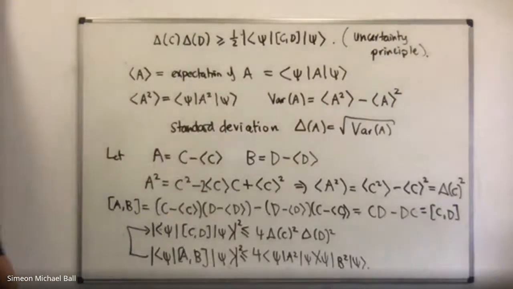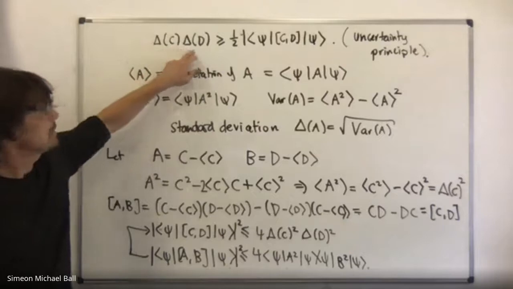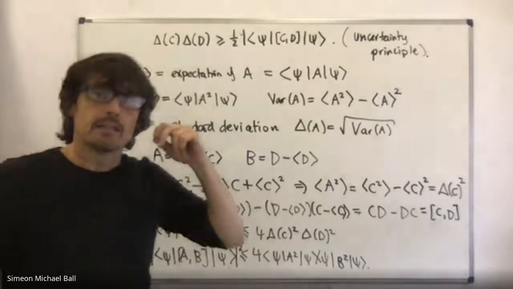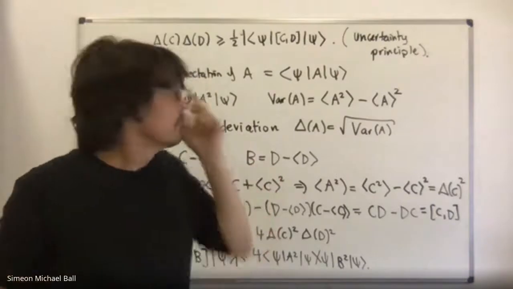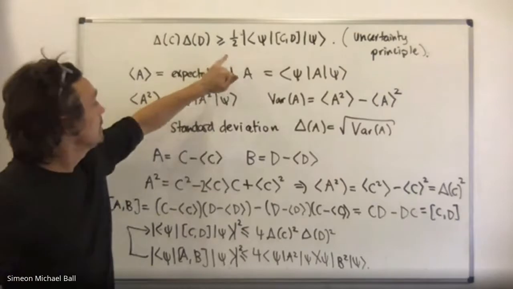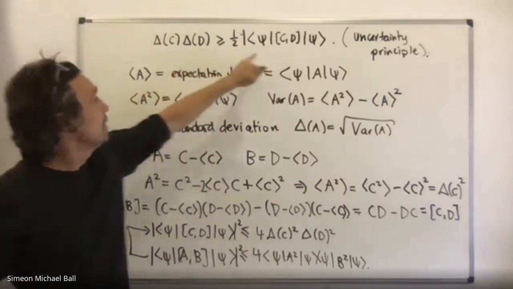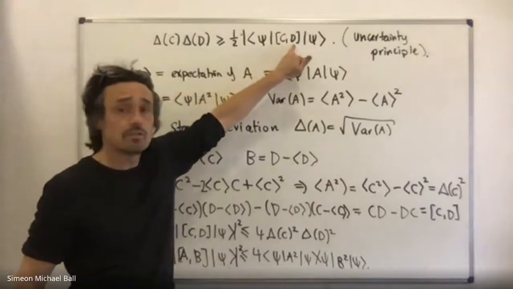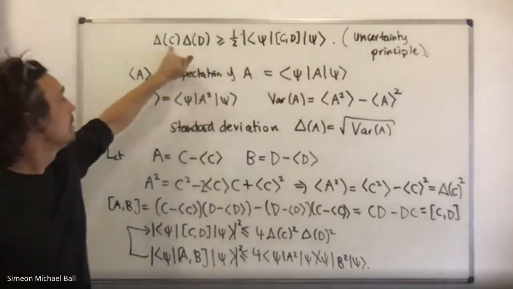So what it says, and the reason it's important, is I can repeat the same experiment, preparing everything exactly in the state psi, and if my Hermitian operators do not commute, then there will be some uncertainty.